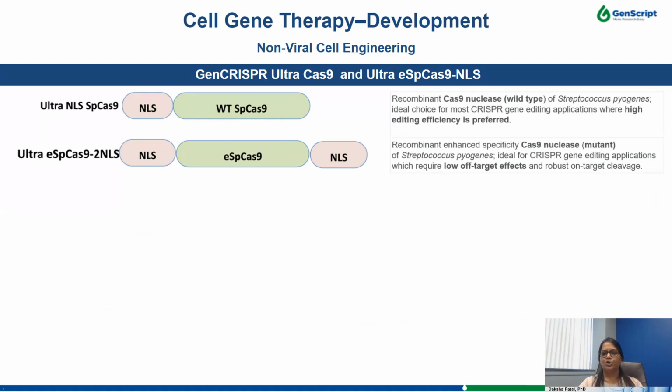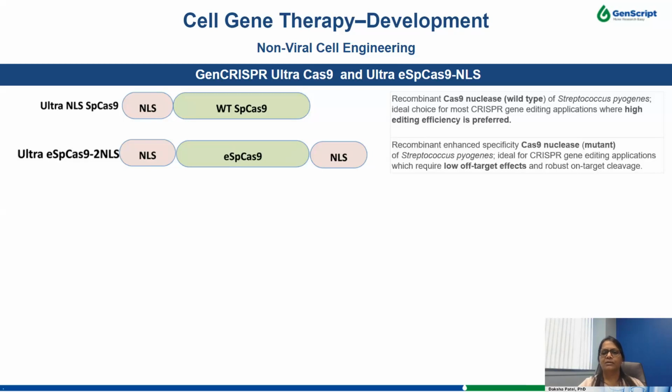As CRISPR-based gene editing applications move from basic research to clinical manufacturing, high-quality raw materials combined with complete documentation are becoming more essential to fulfill high-quality specifications. A GMP grade GenCRISPR Ultra Cas9 service is also offered.